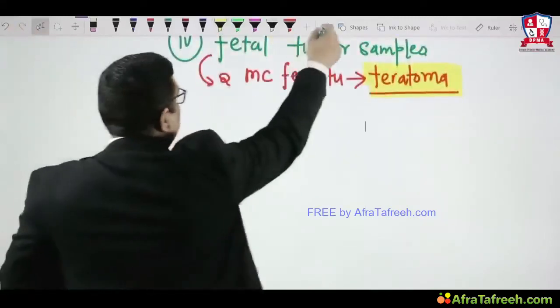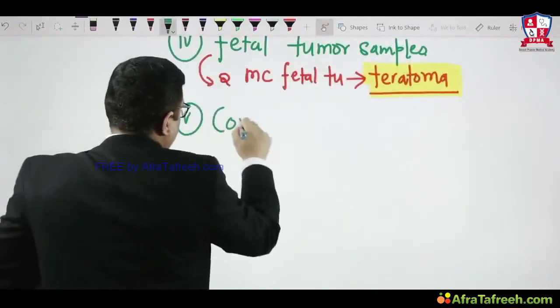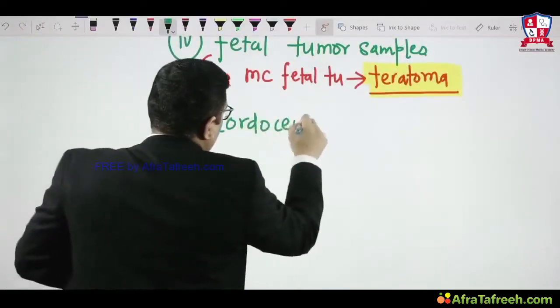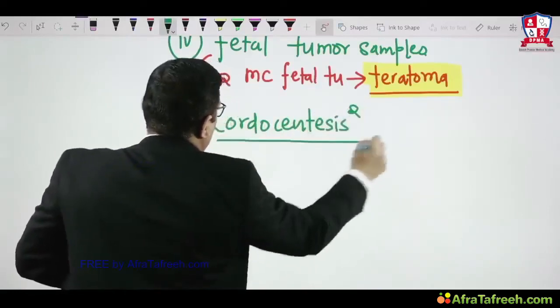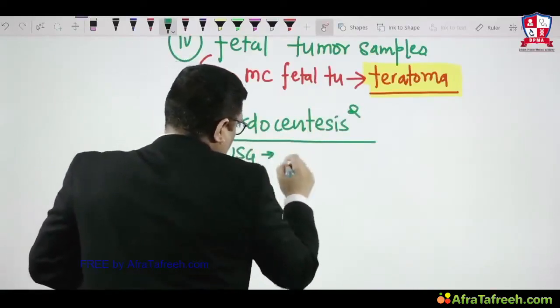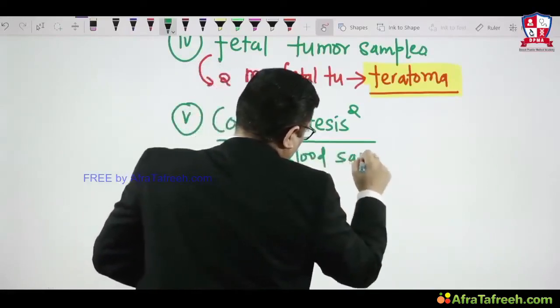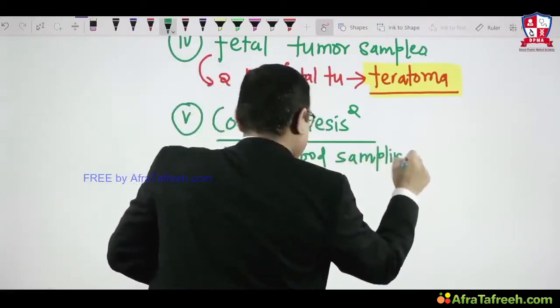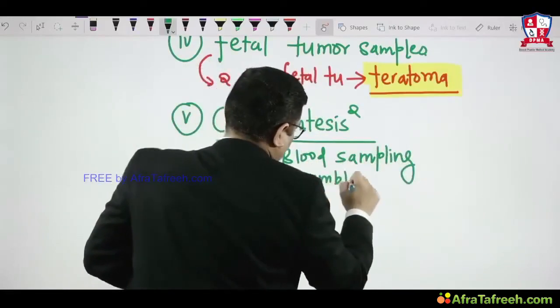Another question which was asked in All India exam was chordocentesis. Chordocentesis is the terminology which has been used. Chordocentesis means ultrasound guided blood sampling of the umbilical cord blood vessel, right?